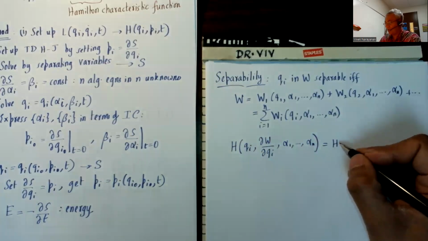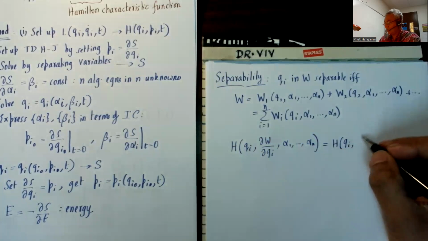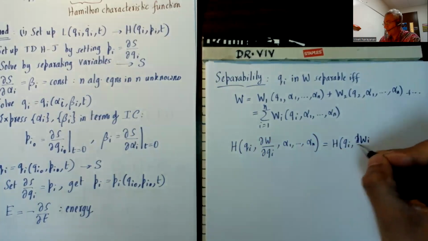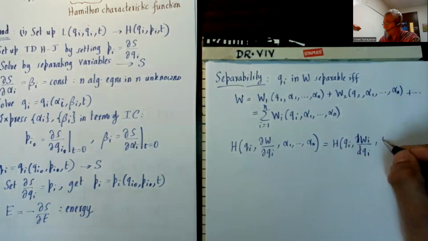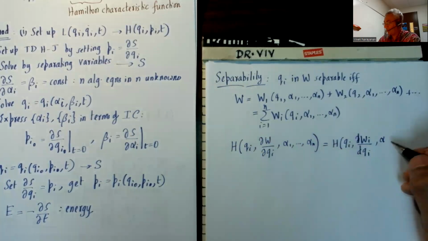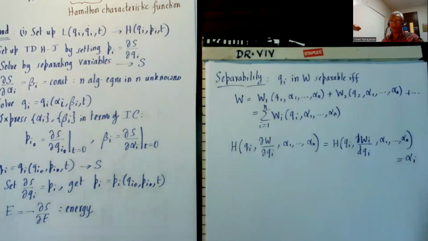It becomes H of Qi, dWi by dQi, and then you have alpha 1 up to alpha n equals alpha i. So you have n equations like this, because of the separability.